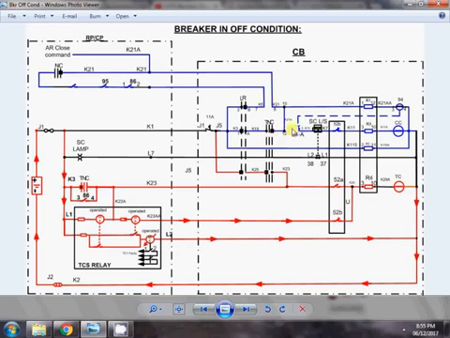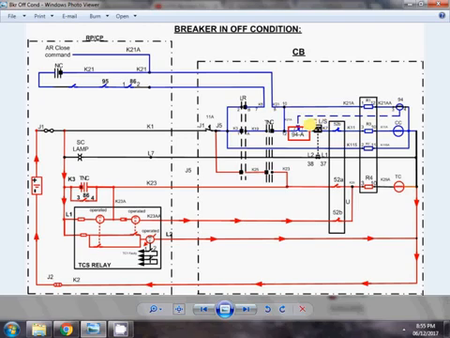Then this is the closing contact of the anti-pumping relay. Now the anti-pumping relay and the NC contact: when the positive is extended to the anti-pumping relay, it opens this NC contact, so that when a continuous closing pulse is given, the continuous closing pulse cannot be extended to the closing coil, and thereby it prevents the closing coil from getting damaged.